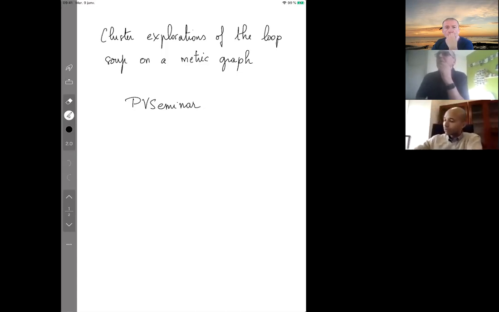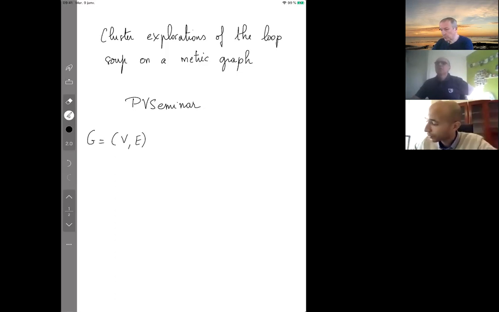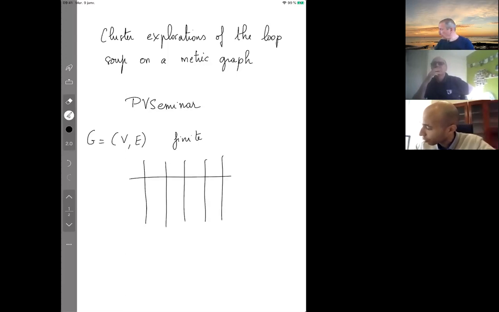So I will be just in a discrete setting where I take some graph G, a finite graph. For example, a box in the planar lattice.